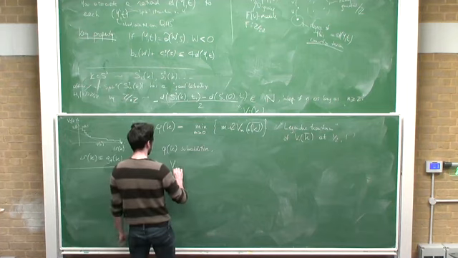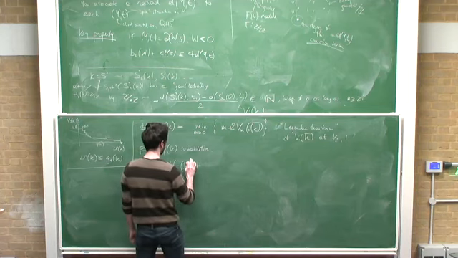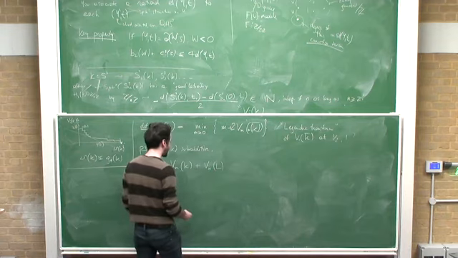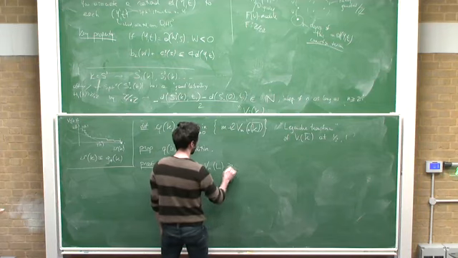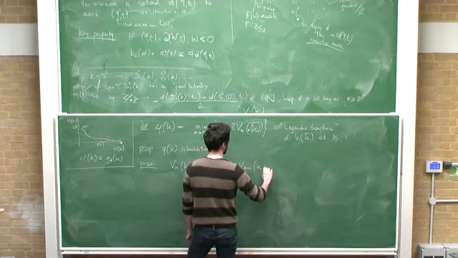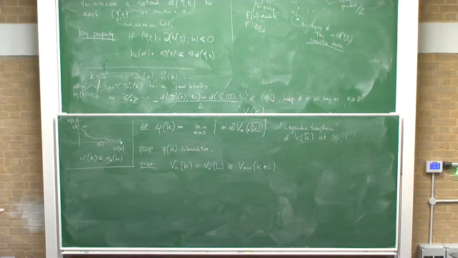We're going to prove that V_m of k plus V_n of L, where k and L are two knots, is always at least as large as V_{m+n} of the connected sum.